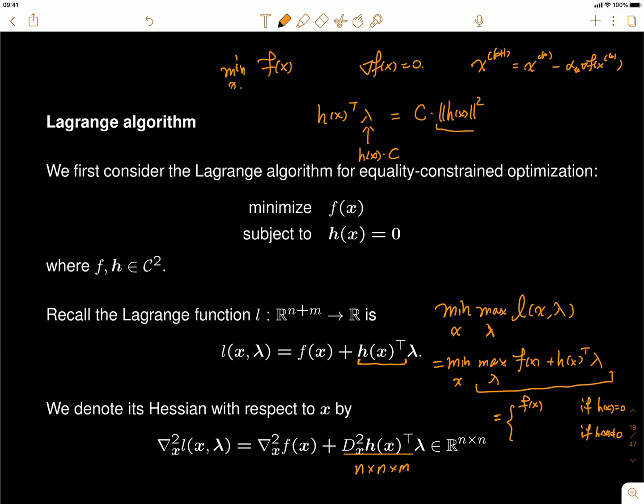Since h(x) is non-zero, I know this is positive. Since I have the freedom to choose c, I make it go to infinity, and this just goes to infinity. So I can make this arbitrarily large.